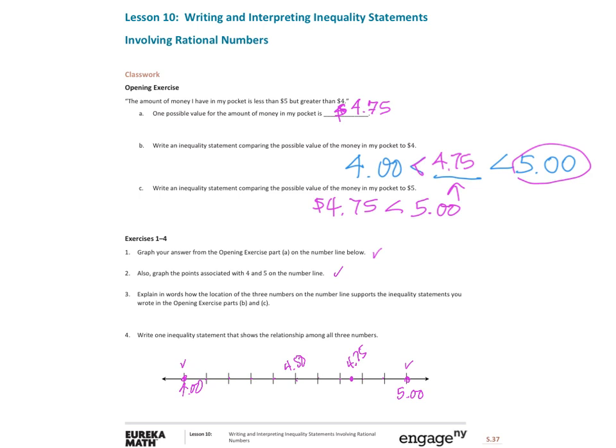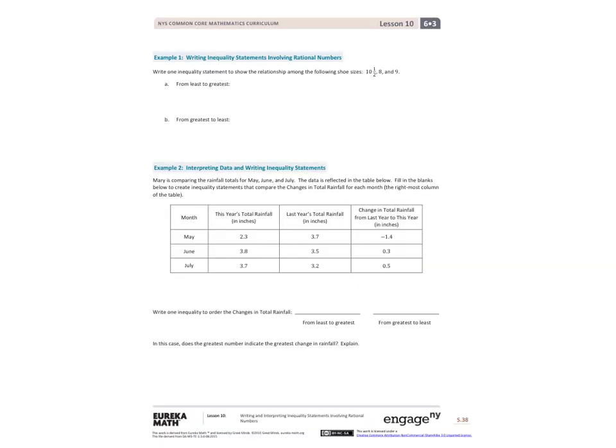So the numbers are ordered from least to greatest as far as the value. So 4 is less than 4.75, and 4.75 is less than 5.